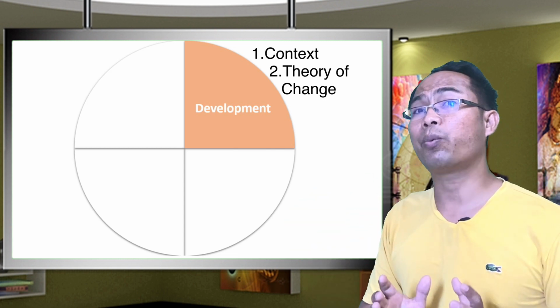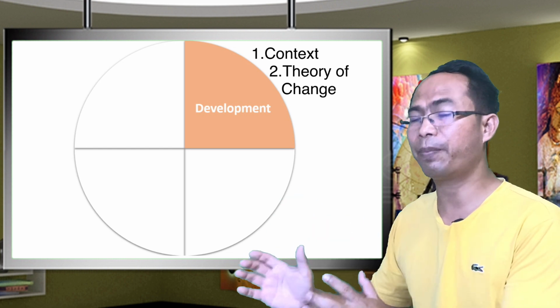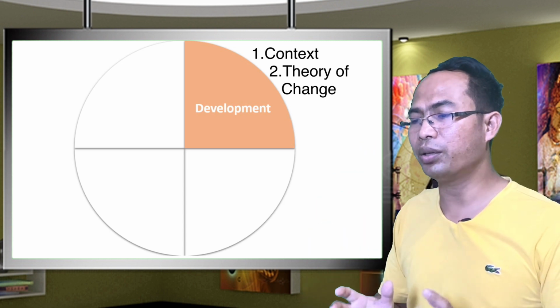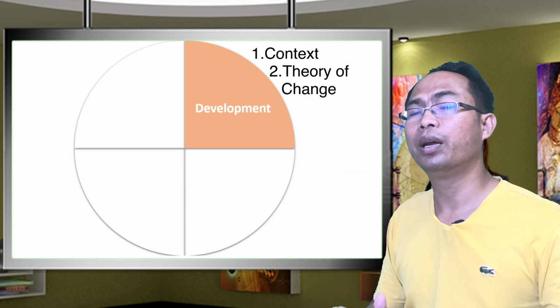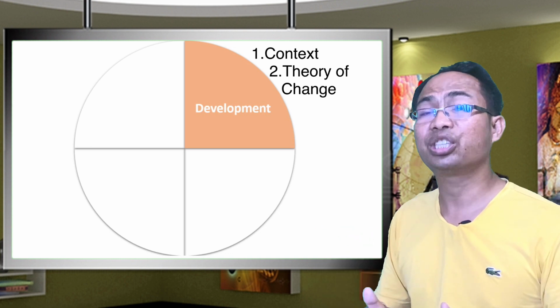So it is the right place for the M&E manager or officer to help the program team develop this theory of change. If you don't know about it, I have another video specifically about the theory of change.